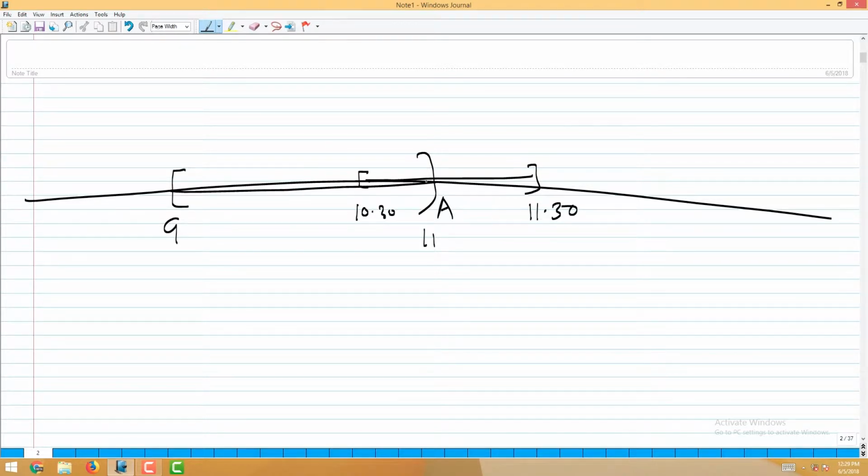And the other one I told is from 9:30 to 10:45. Like that, you can associate with each lecture a time interval, right?